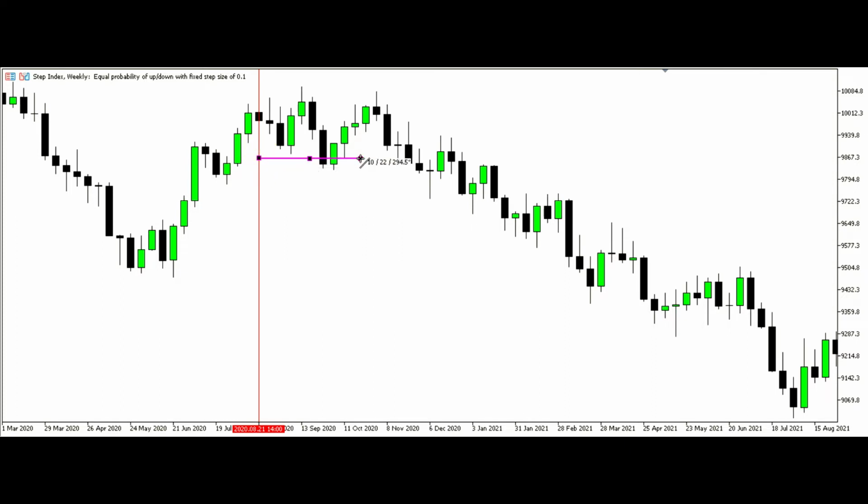Let me delineate the lows that we had. This is one of the lows, this is another low we had in here. You could see that this low didn't break this low. It traded up higher and it came down this way.